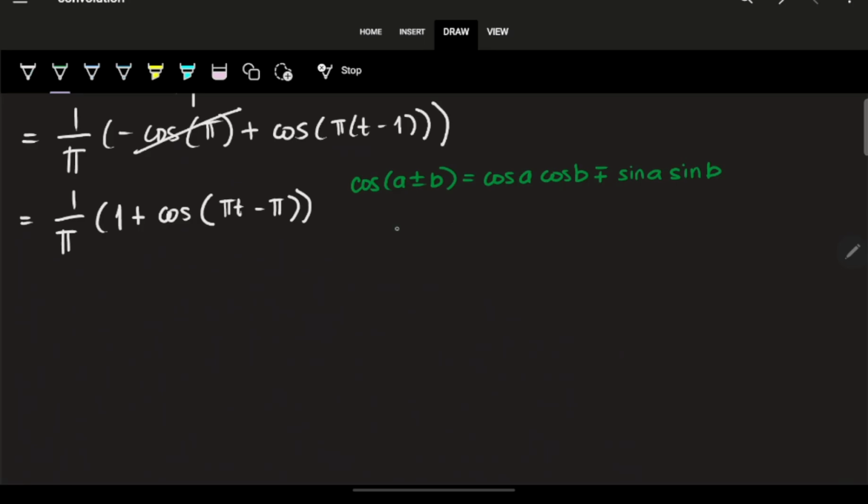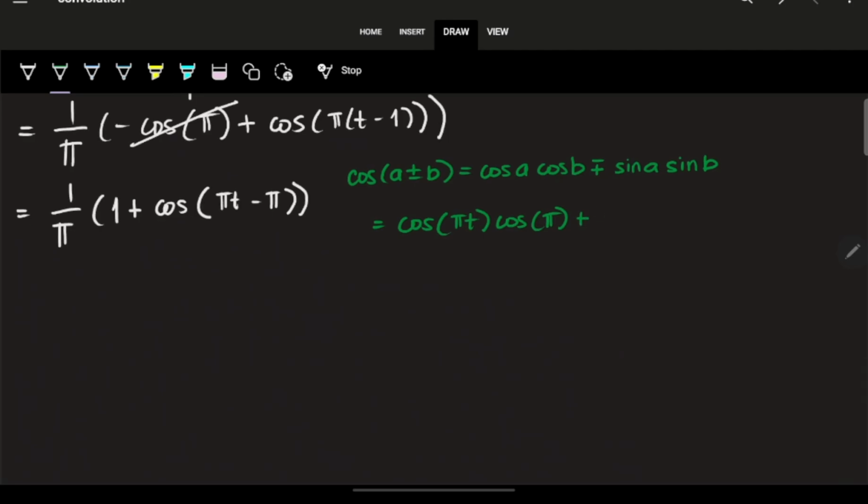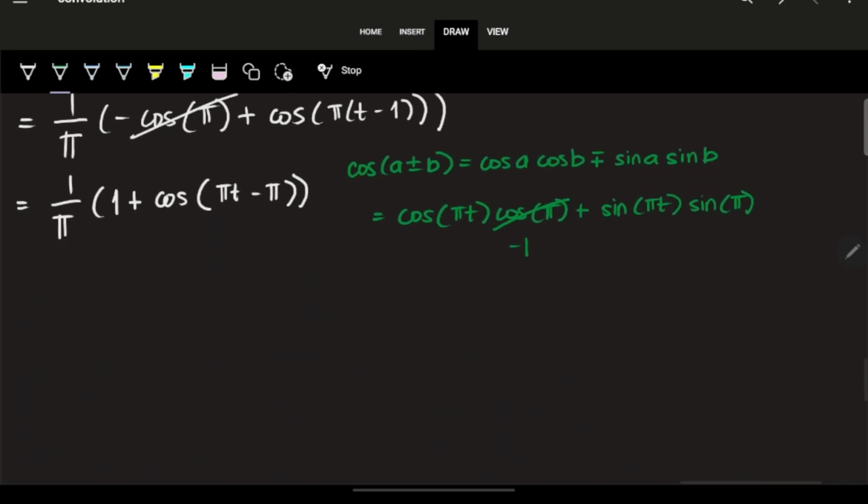So let's define. So we have cosine of pi t, cosine of pi, plus, kasi minus yung operation between sin pi t and sin pi. Now, dito makukuha na natin yung simplified answer. Bakit? We know that cosine pi is equal to negative 1. Tama po ba? Then sin pi is equal to 0.